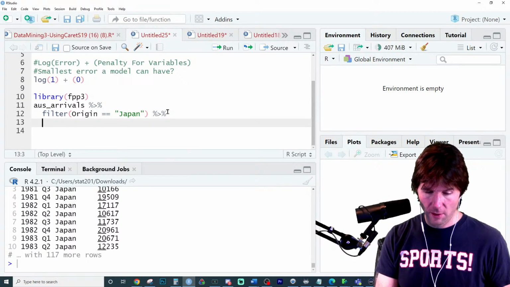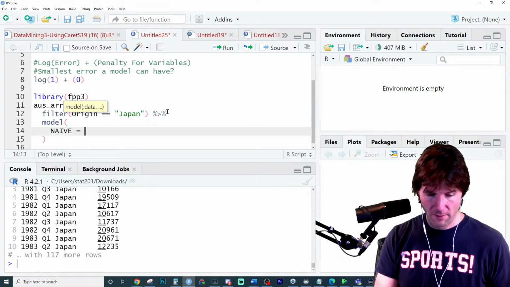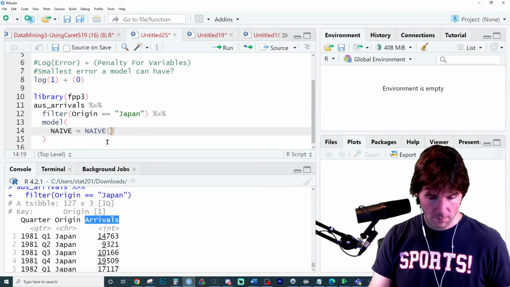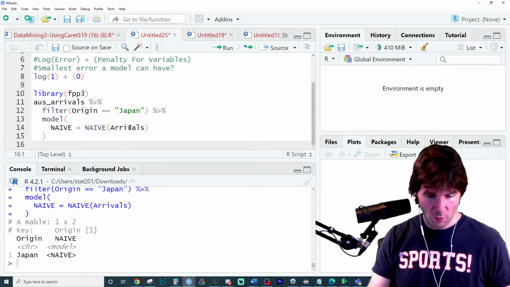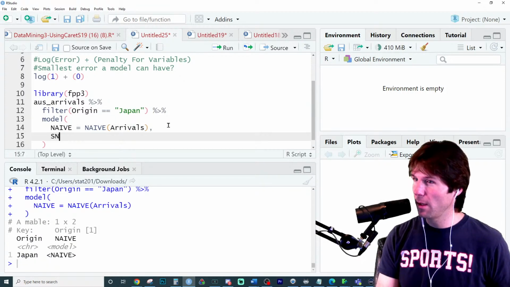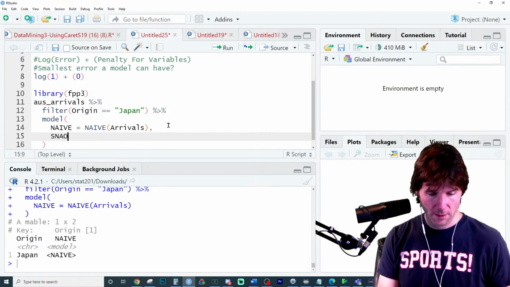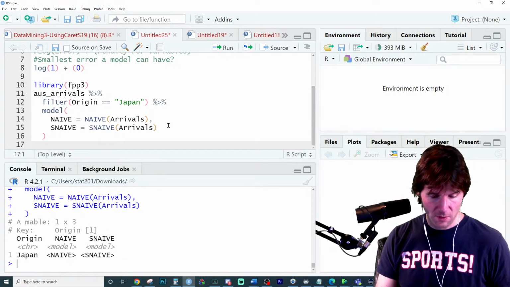And then let's go in here and make two models. Model and naive equals. Cool. And it's seasonal, right? I think it is. I shouldn't name things the same names. There we go.